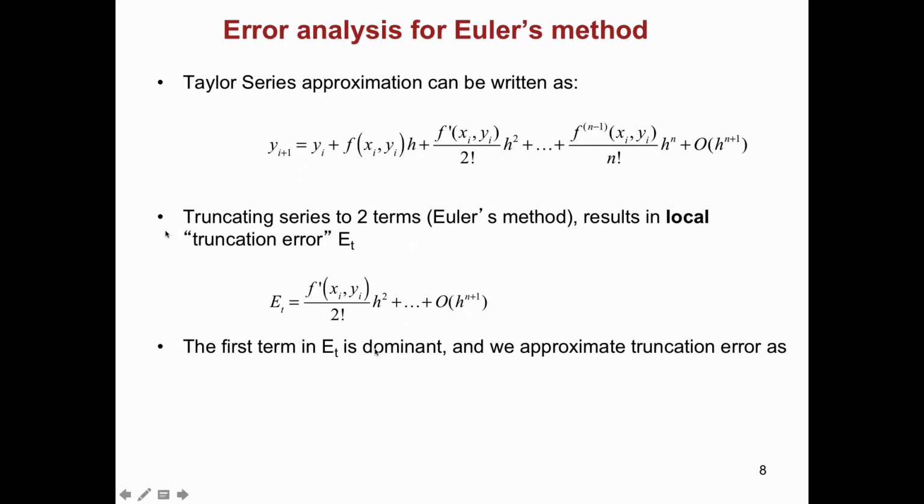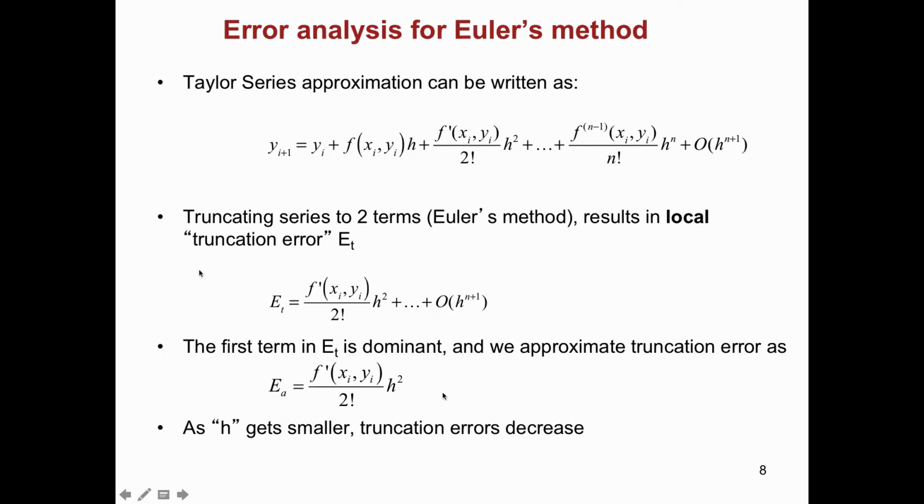And then what we really look at is this term in this entire equation. This term is the dominant term over all of the others. So basically our error is approximated as h squared. Because if h is a small number, let's say h is 0.01, then h squared is much bigger than h cubed.